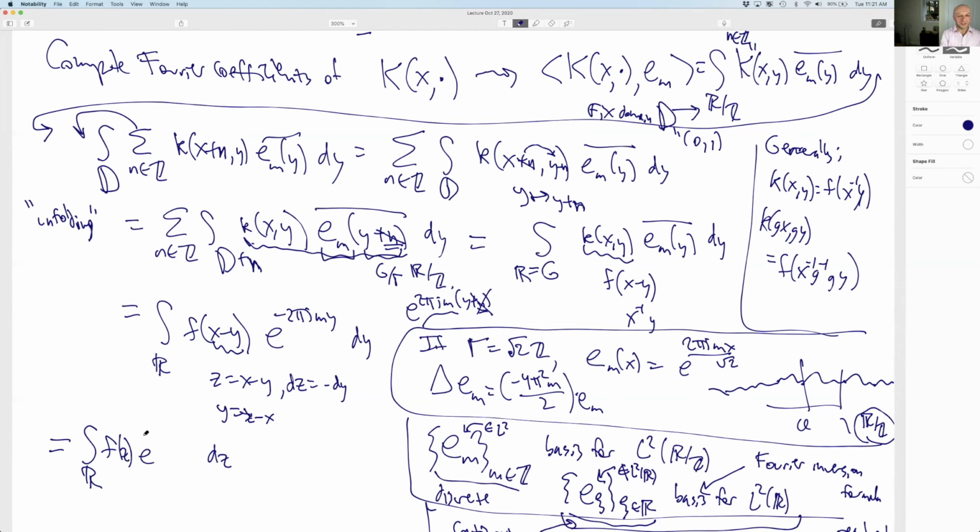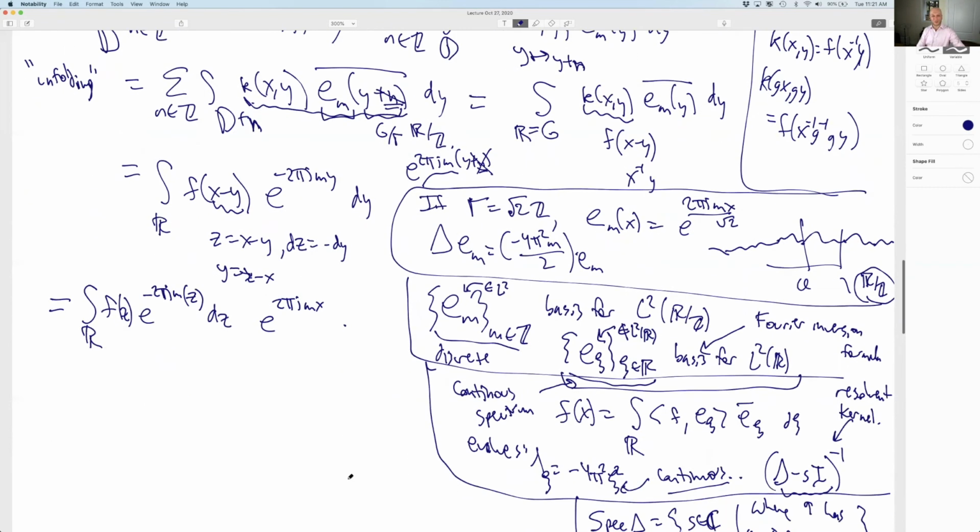And then e to the minus 2 pi i m y, which is z minus x. Since x has nothing to do with dz, it just pulls out.